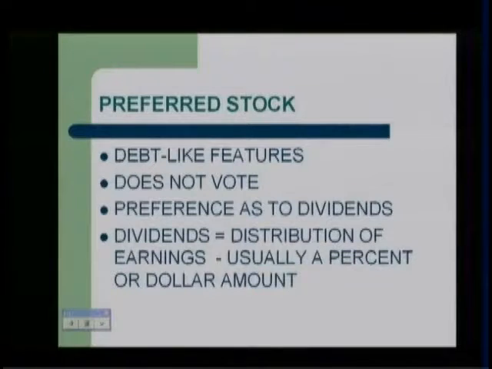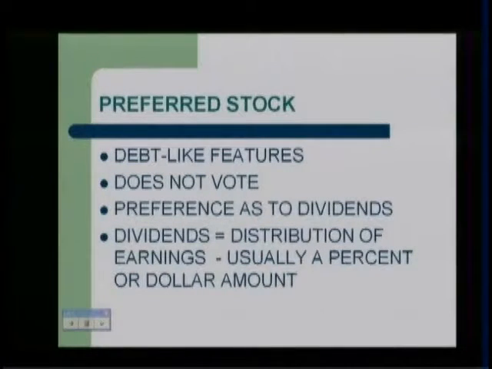Let's talk a little bit about preferred stock. Preferred stock is different from common stock. These are not the basic owners of the firm. They are sort of a quasi-debt issue in that individuals who buy preferred stock are going to get a return on their stock, and that return is stated in the way the stock is described. They are preferred because they have a preference as to dividends. Remember, they get their dividends before common shareholders do.